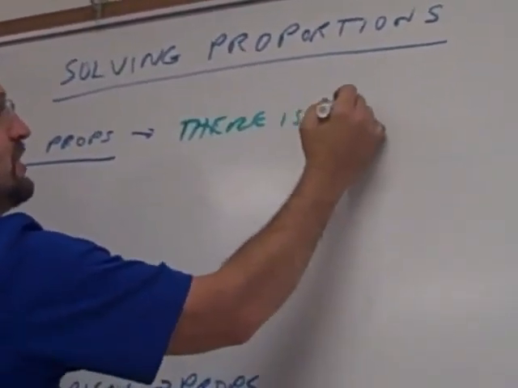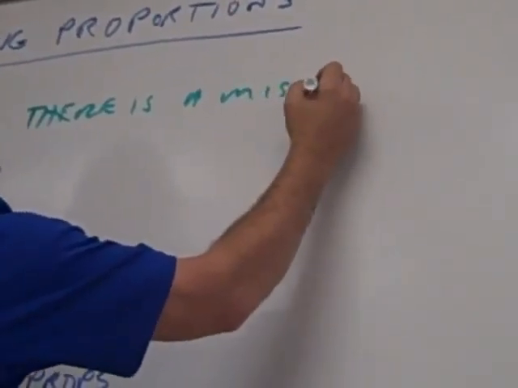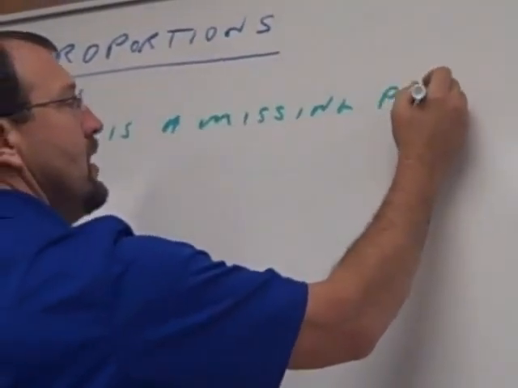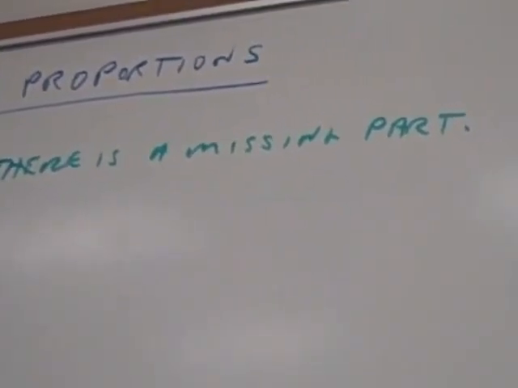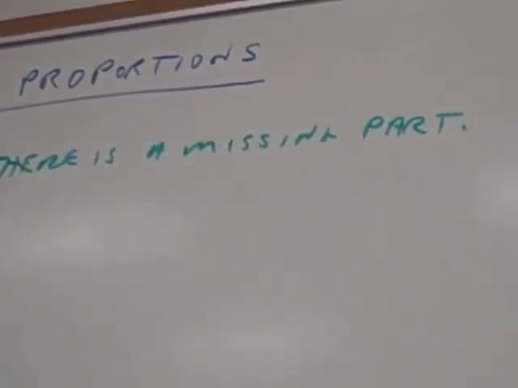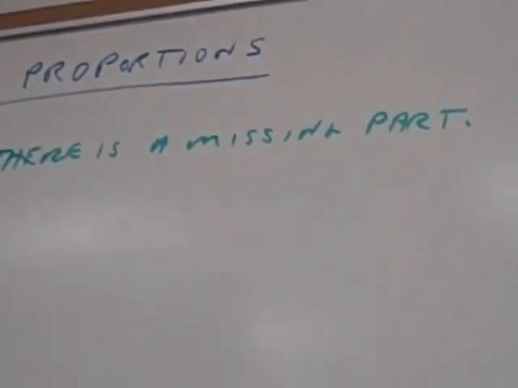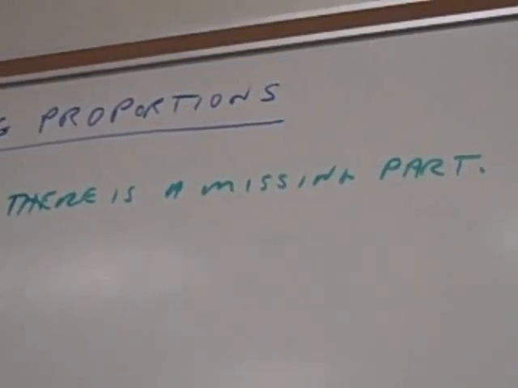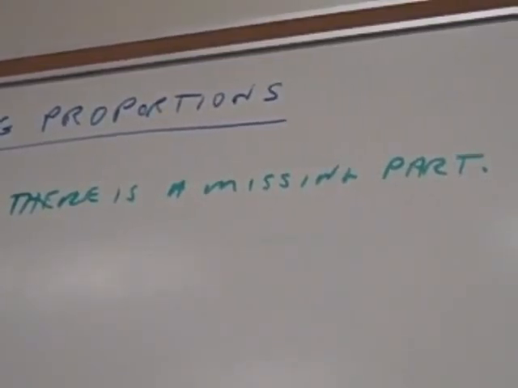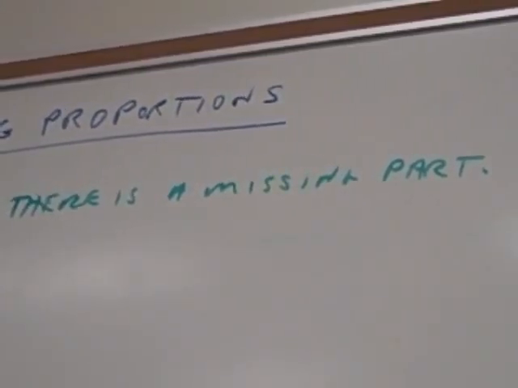There is a missing part. Did y'all notice that? 4 over 5 equals 28 over x. We've seen that before. When we were dealing with equivalent fractions, we had problems exactly like this. We said what would go in place of the x to make them equivalent fractions.